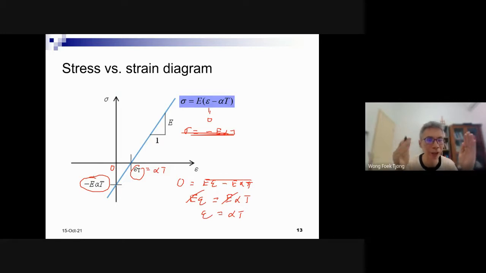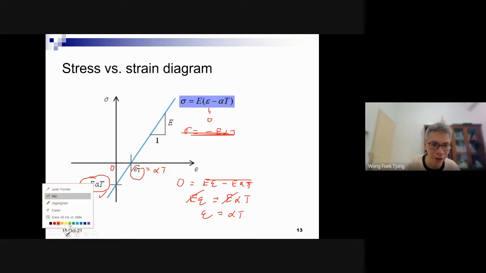In other words, if we have a bar and we restrain, we fix both ends, and then the temperature increases, we will have the stress like this. Okay, that's the constitutive equation described by this graph. Any questions so far?